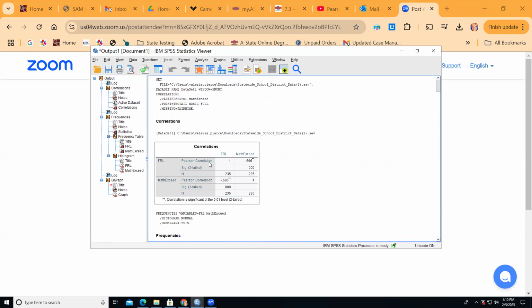And we see that the significance is less than 0.001, which means that there is a statistically significant correlation between the free and reduced lunch and the exceeding in math, and it is a negative relationship. The higher the percentage of free and reduced lunch, the lower the score in exceeding in math.